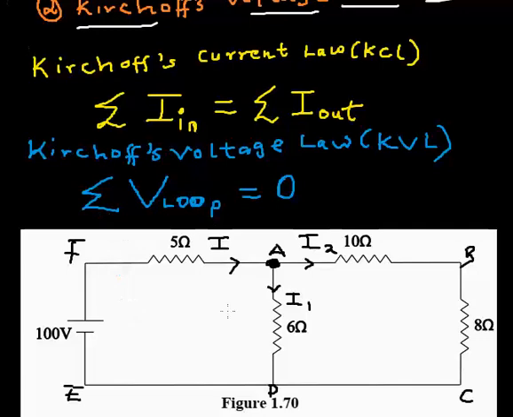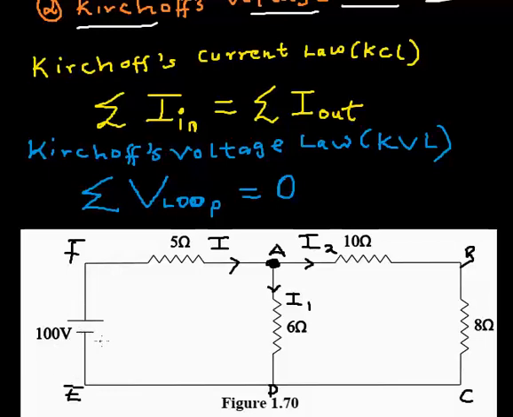Let's look first at how current flows. There's a controversy about whether current flows from positive to negative or from negative to positive. But let's take it that the normal convention is that current flows from a lower potential to a higher potential. Positive is the higher potential, while negative is the lower potential.